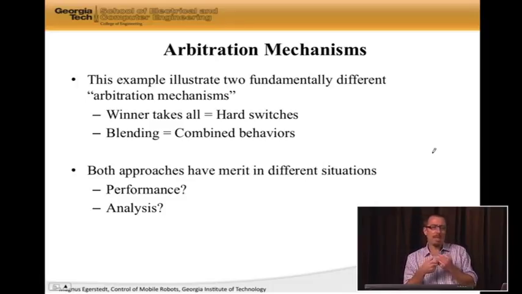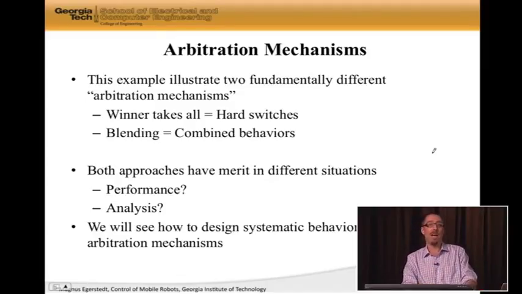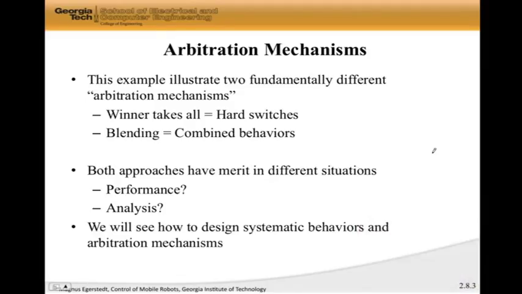As I'm walking around, I'm keeping an eye on where I'm going while not slamming into things. So I'm not either going towards something or avoiding slamming into things. Performance-wise, blending or smoothing the two behaviors makes a lot of sense. However, from an analysis point of view, it's harder. So the question is, how do you design your system in such a way that you can have your cake and eat it? Meaning you can analyze what's going on and you still have good performance. We are going to have to bite this bullet head on, and in fact, we will be very systematic.